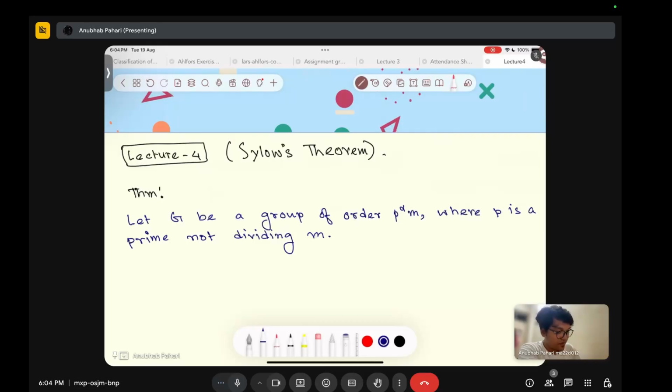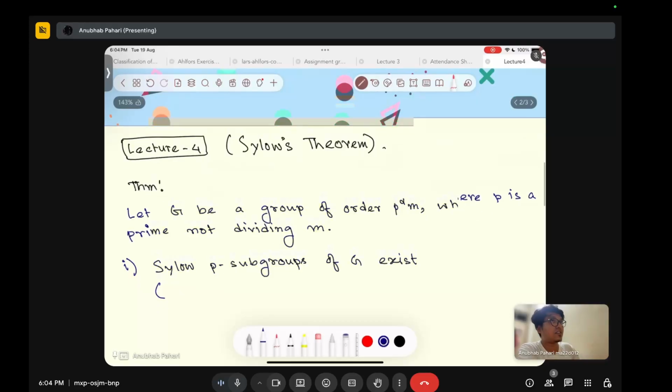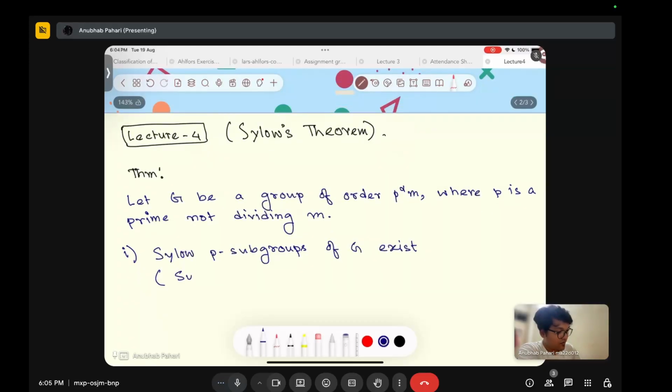The first Silo theorem says that Silo p subgroups of G exist. That is, this means that subgroups of order p to the power alpha exist.